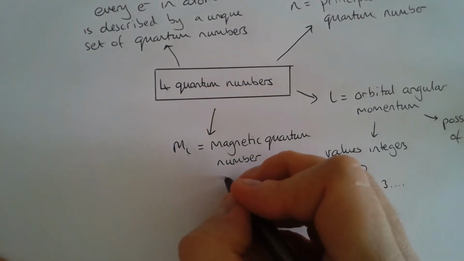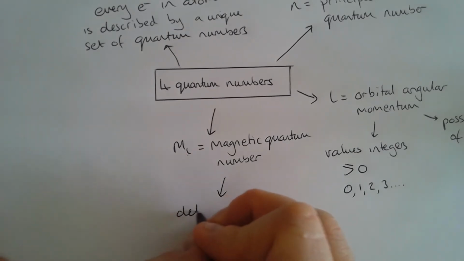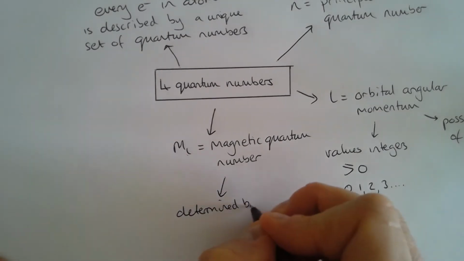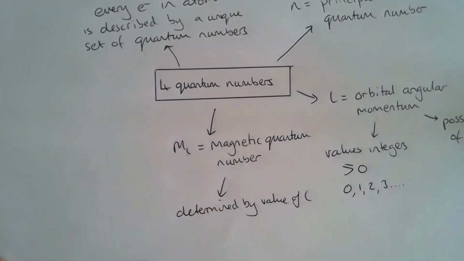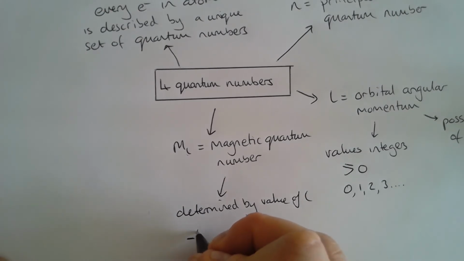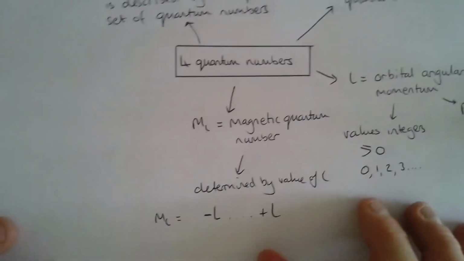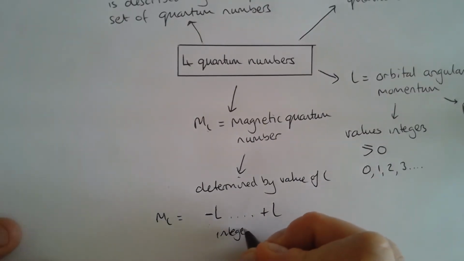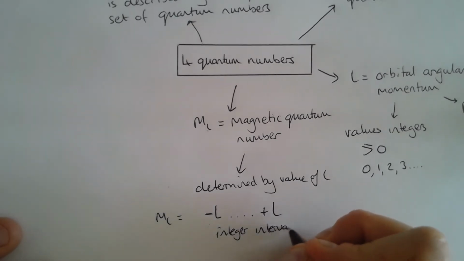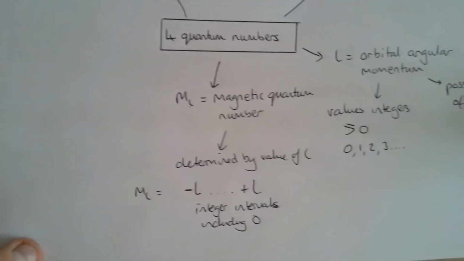These are determined by the maximum value of L. It's possible to have any value from minus L, in integer intervals including 0, up to plus L. I am going to do an example here.